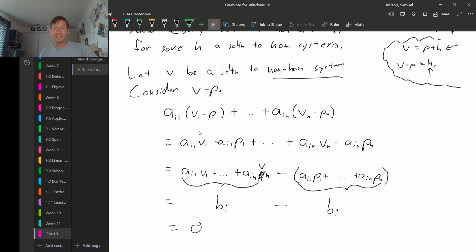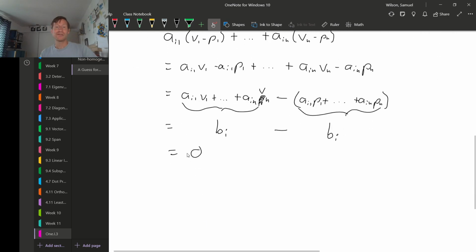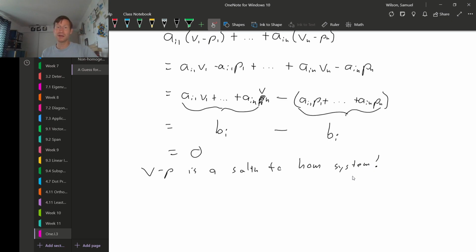So what we found here is that plugging the entries of v minus p into the ith equation gives us 0. So that means that v minus p is a solution to the homogeneous system. Just like we were hoping, right?